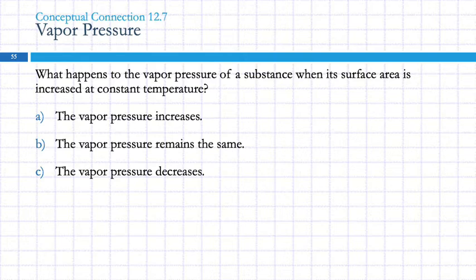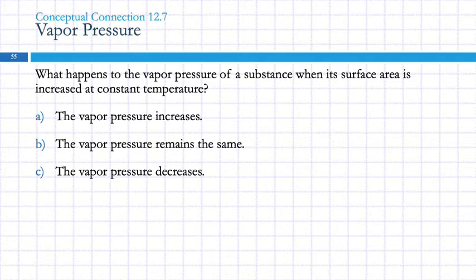Is that going to depend on the surface area? Yeah, it will. If you have a lot of surface area, you have a big target for those gas molecules coming in. More of them are going to hit, right? If you have maybe the same volume as this tall, skinny tube with this very tiny surface area, those guys are bouncing around, and the chances of them hitting the surface of the liquid are much smaller.